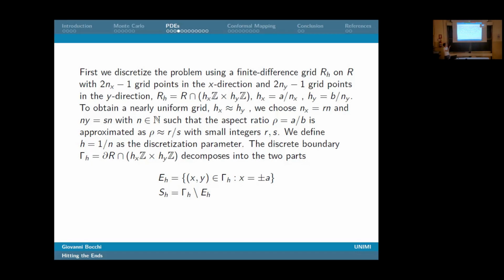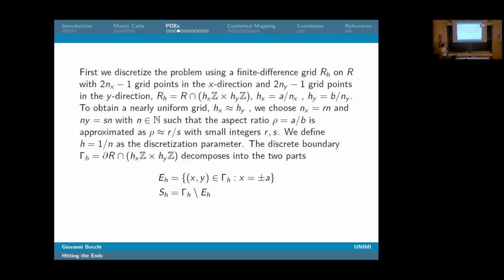So in the end, we define h as 1 over n, which is our overall discretization parameter, and we will discretize in the same way the boundary, saying that the discrete boundary is the intersection between the boundary and our lattice.